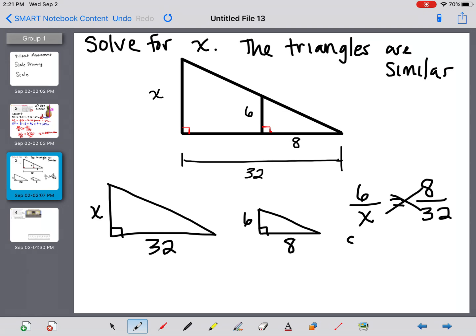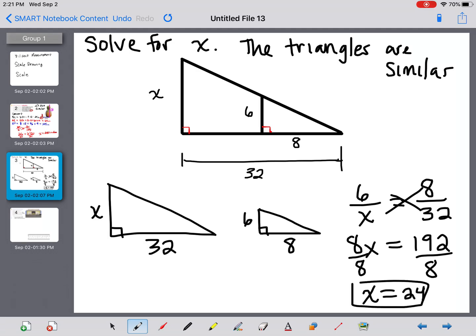So we do our cross multiplying. We'd have 8x equals 6 times 32, 192. Divide by 8 on both sides. And we get x would be a height of 24.